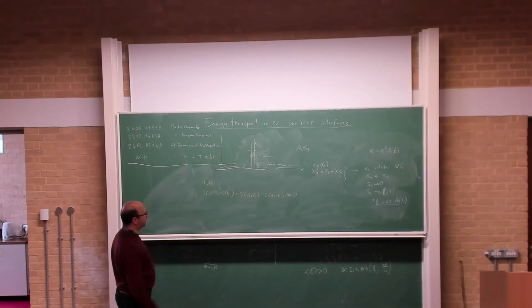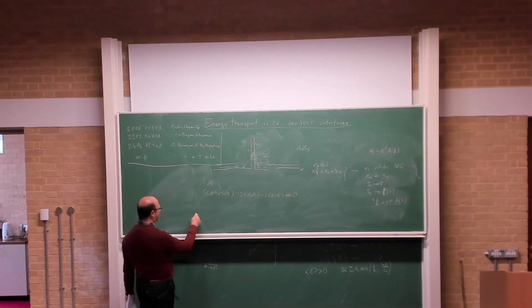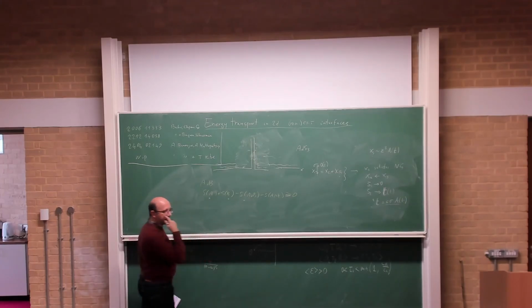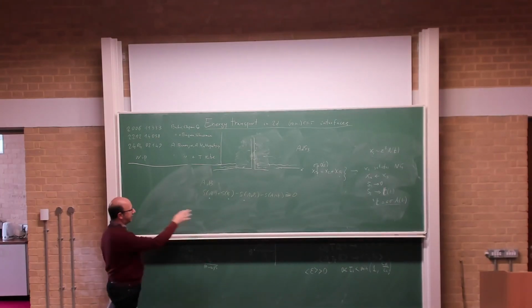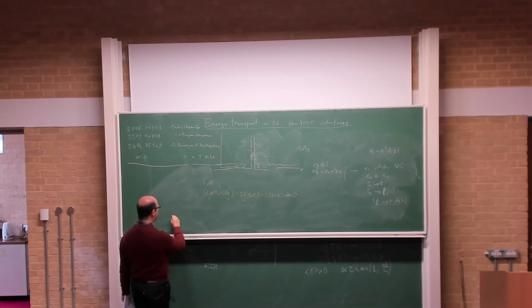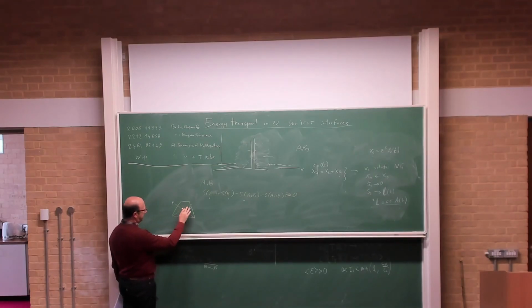If you are in a translation invariant system, you can engineer this configuration where the divergent terms cancel, so that this is a finite quantity. So you take two regions that are like this, that are taken along the light cones of the union.